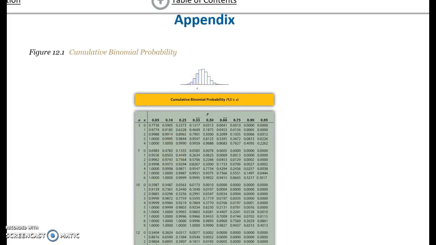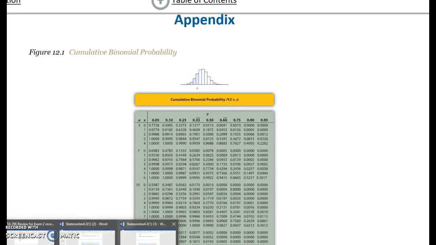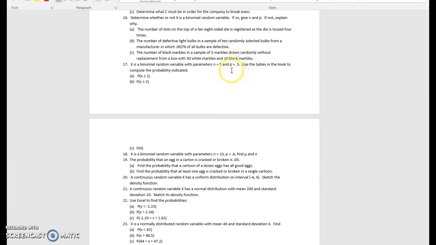So since in our instance back here, n was 5, p was 0.5, we want to find from the chart the probability that x is less than or equal to 4, and we want to subtract off the probability that x is less than or equal to 3.